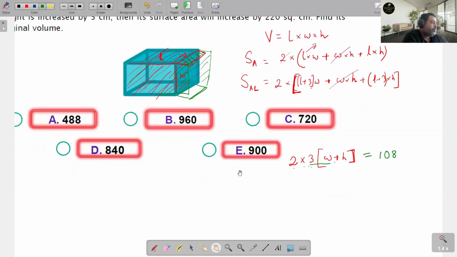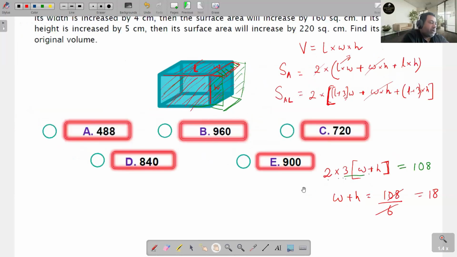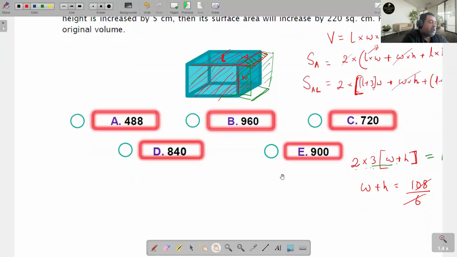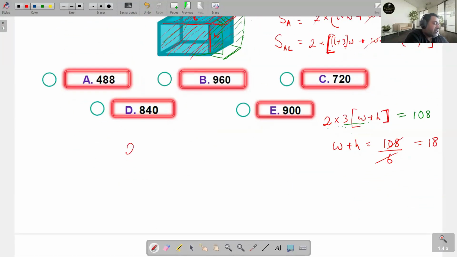All right. Therefore, we can say W plus H is equal to 108 divided by 2 into 3, which is 6, is 18. In a similar way, the two other cases. When the width is increased by 4 centimeters, then it is 2 into 4 into L plus H. We are taking the other two dimensions, as here also there was an increase in length by 3, so we took the other two dimensions.